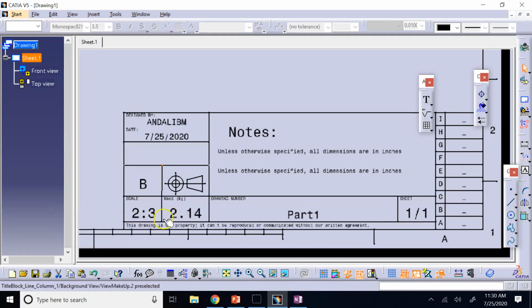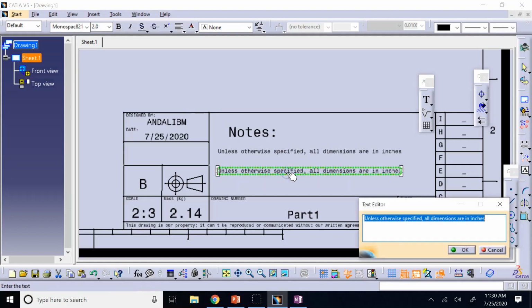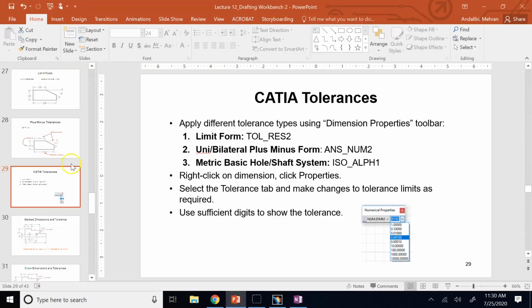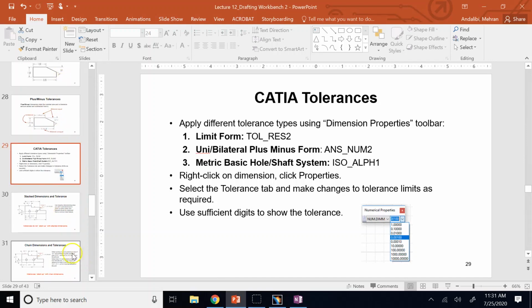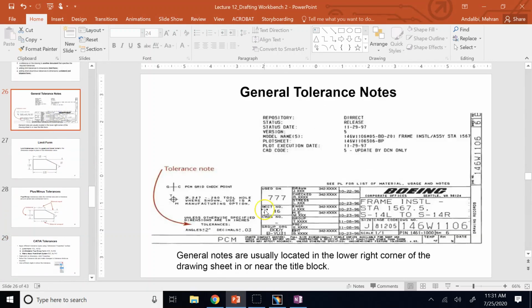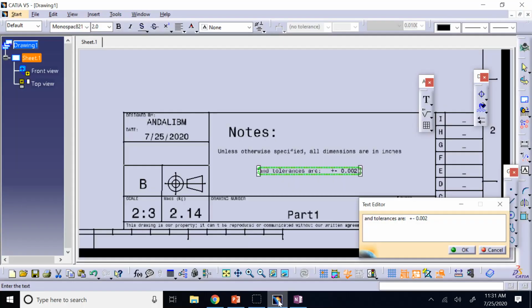And this is good. And so all dimensions are in inches and tolerances are plus minus 0.002, right? As you can see here for decimals, you see tolerances, decimals that much, angles that much, correct?